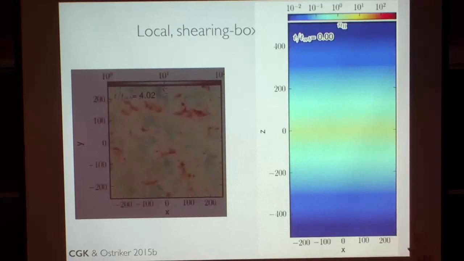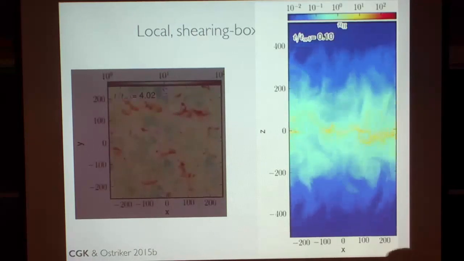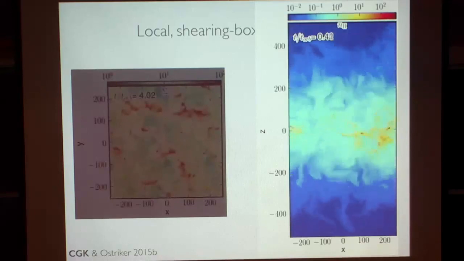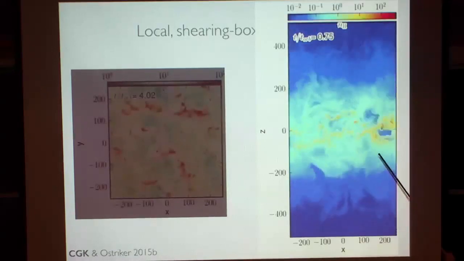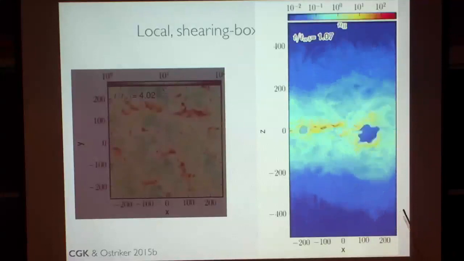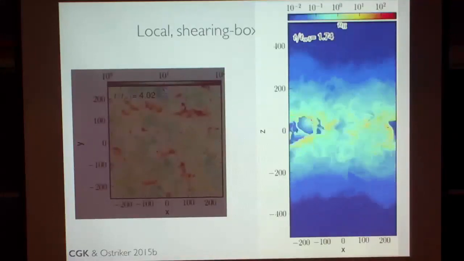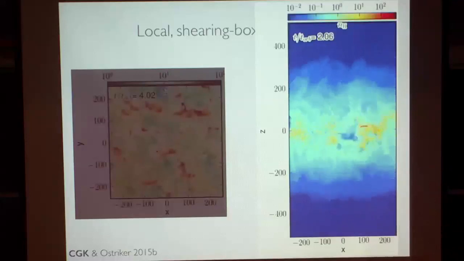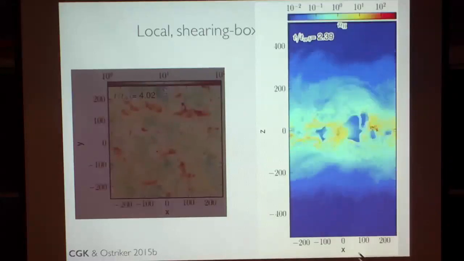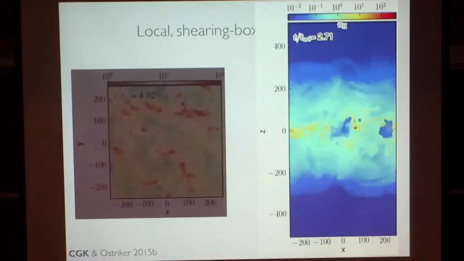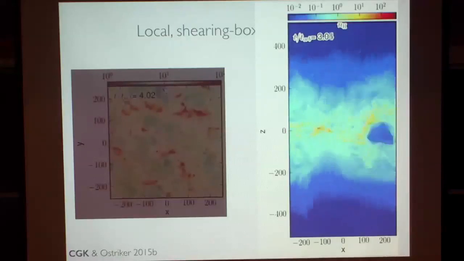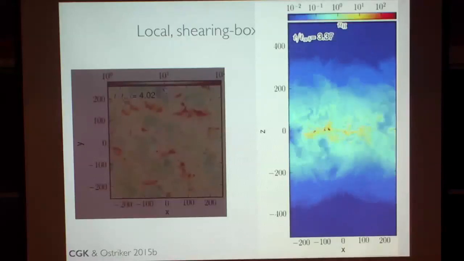And this is a sideways view of the average density. This is actually a slice of the radial-vertical domain, and you will see this kind of periodic fluctuation.